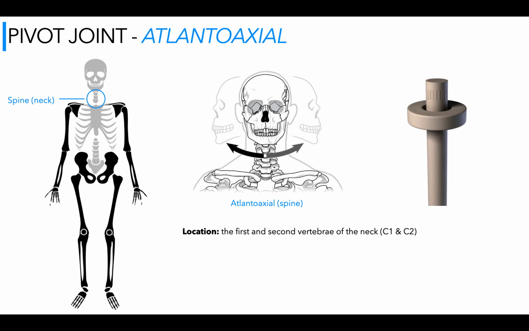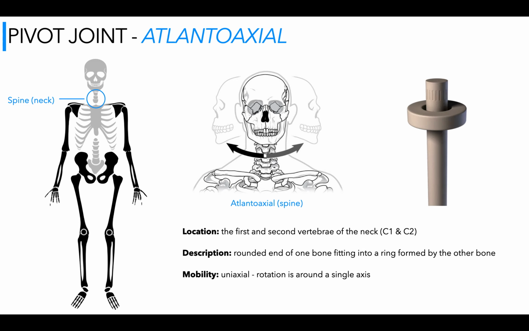Like I just mentioned, C1, C2, that refers to the cervical vertebrae 1 and 2. So right at the top of the vertebral column is where you'll find this pivot joint, with its name being the atlantoaxial. The description: a round end of one bone fitting into a ring formed by another bone. Hopefully that's clear on the GIF.